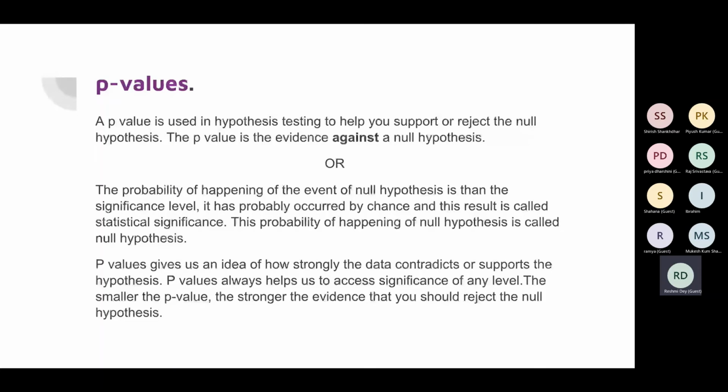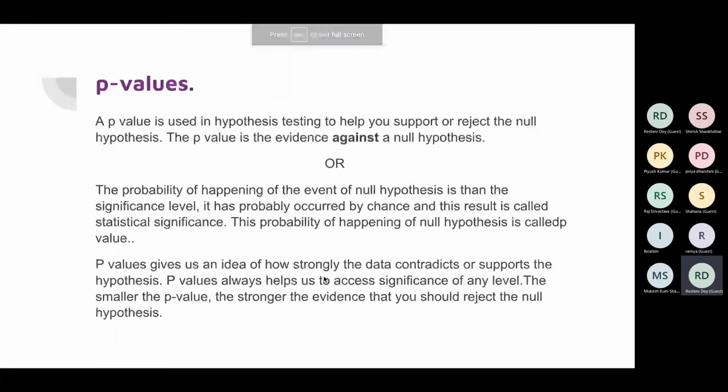As I said, the p-value is mandatory to calculate if we need to find out whether to accept or reject the null hypothesis. A p-value is the evidence against a null hypothesis. Whether we accept or reject our null hypothesis completely depends on the p-value.